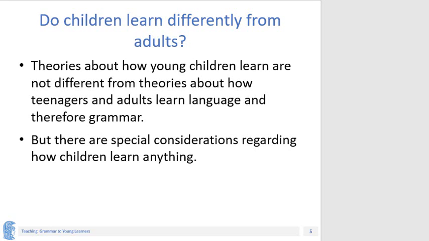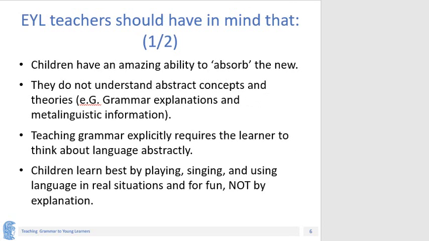So, do our children learn differently from adults? If we think about theories and how children learn, sometimes it can be different from how teenagers or adults learn. So we have to think about that. So as teacher, what can we do?